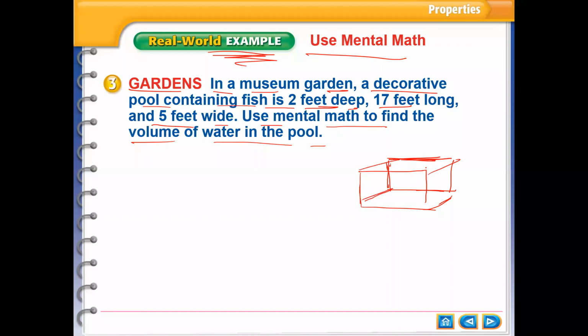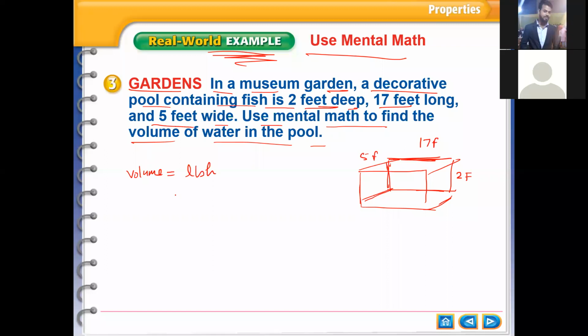So it is 2 feet deep and 17 feet long and 5 feet wide. So how are you going to find the volume? It is a cuboid. So what is the formula for the volume of a cuboid? LBH.